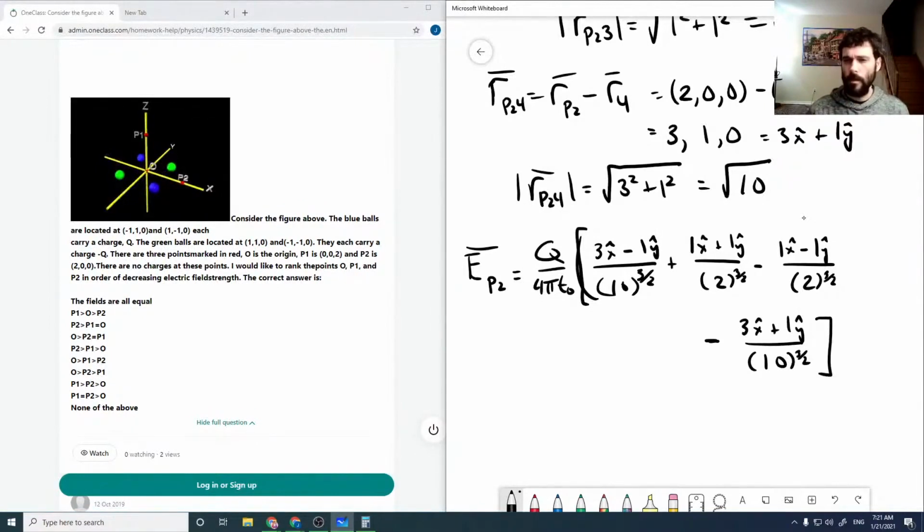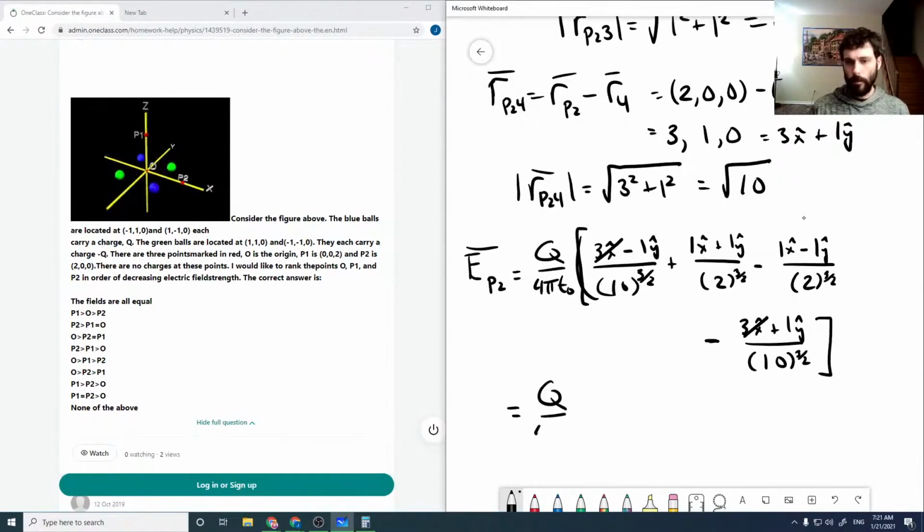Okay, so we can see here that we're going to have some cancellations but not complete. So our 3 x hat here will cancel with our 3 x hat here because of the minus sign, but then the y's are going to double.